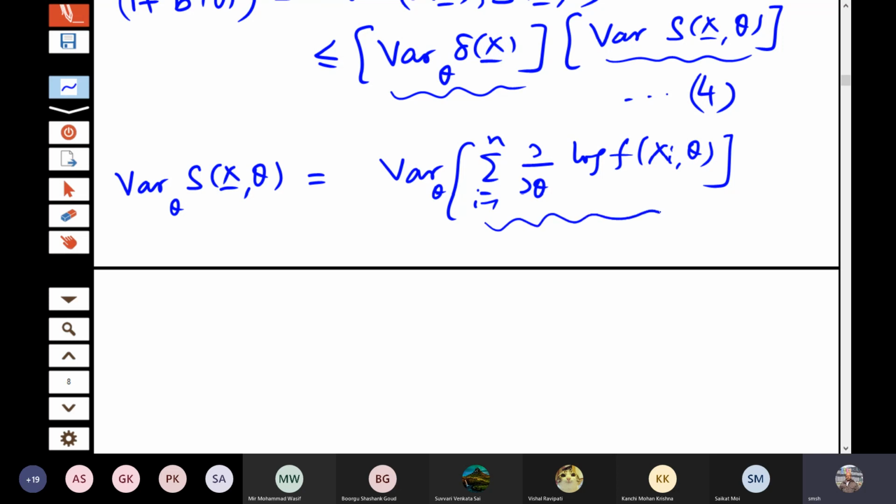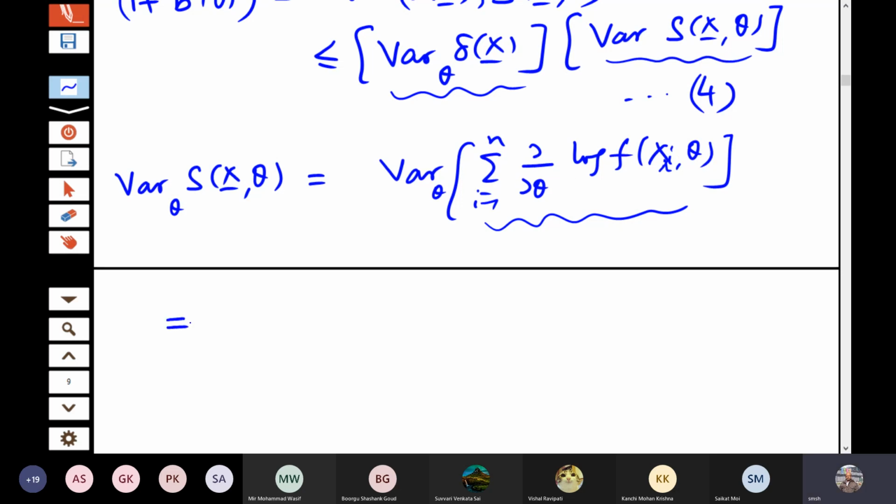Now these x1, x2, xn are independent and identically distributed random variables because x1, x2, xn is taken as a random sample. And this term which I have written here, del by del theta log of f(xi, theta), is a function of xi alone. So these terms remain independent.